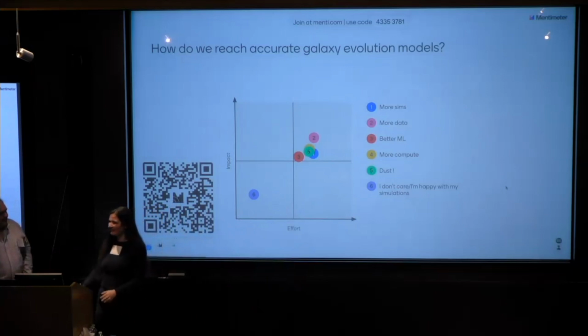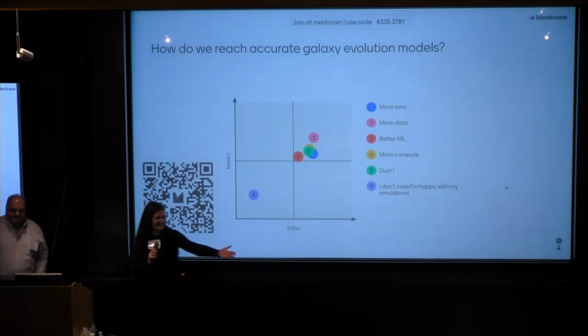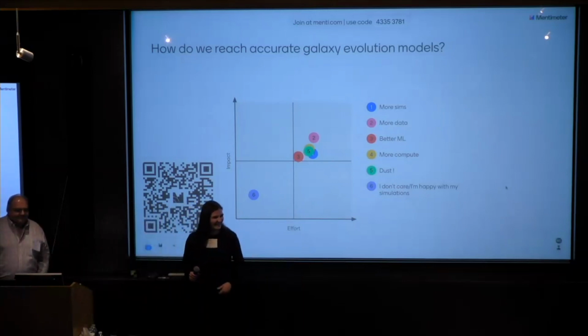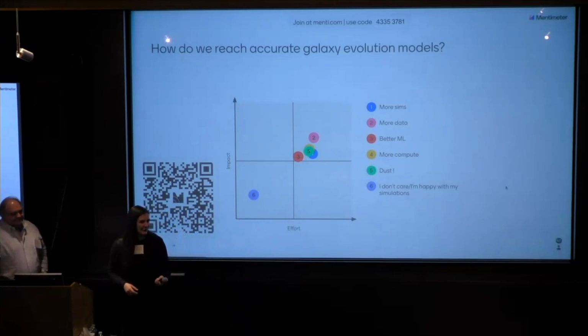I'm interested. Tell me more. Tell me what kind of data. Tell me who wants more data. And what kind of data? I naively think it is observational data. That is how we constrain the models, right? So that's why I'm voting for this more data.